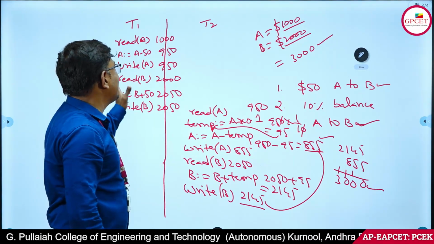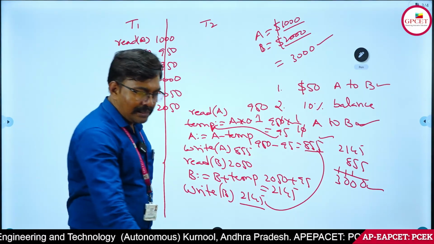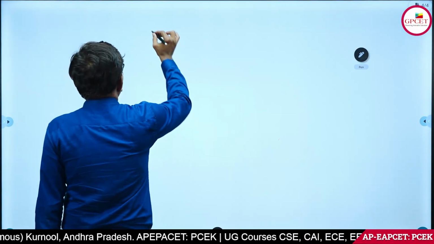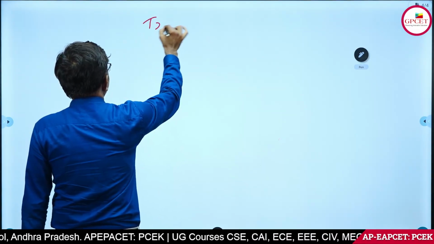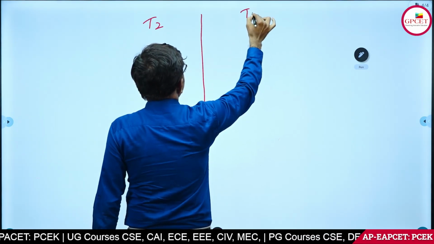That is transaction T1 followed by transaction T2. Same like that, now transaction T2 followed by transaction T1. Multiple transactions can execute simultaneously.